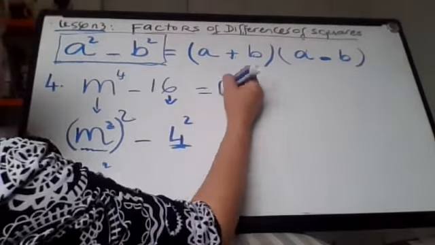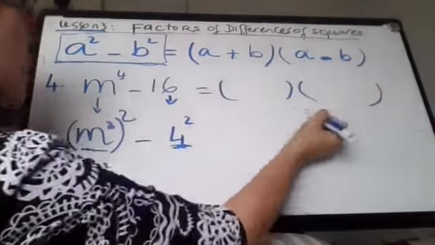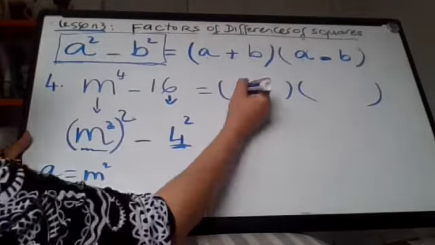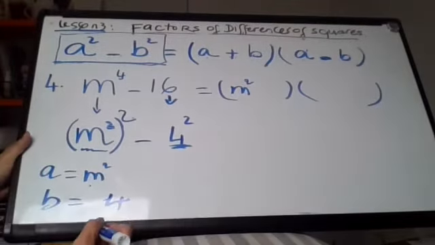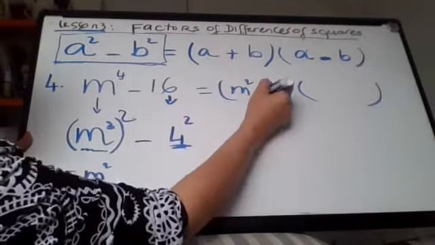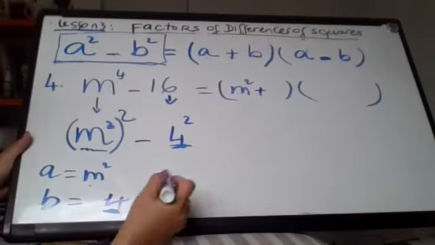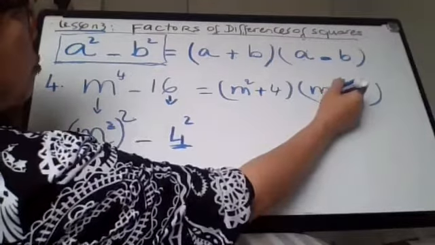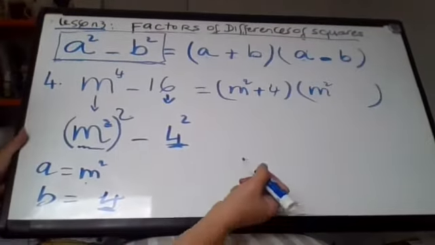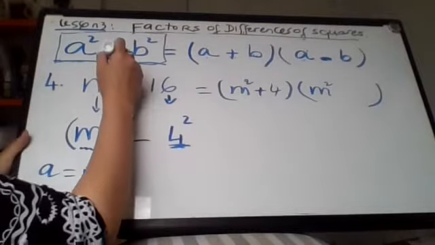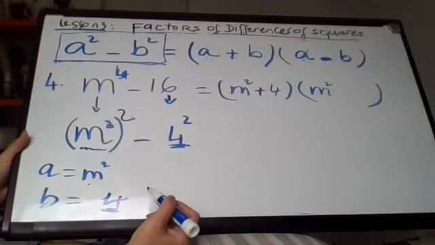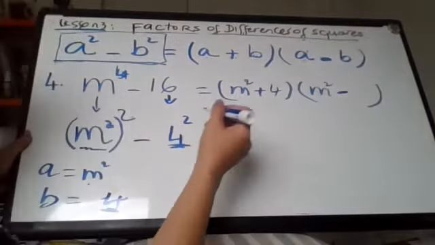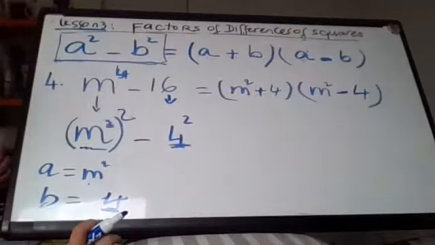So now you break this into 2 brackets and follow the formula. Put the a in here, your a is m squared, and the plus sign is plus, your b is 4. Put in here, your a is m squared again, right? And this time you have a square because this power is power 4. Now minus is minus, your b is 4, okay?